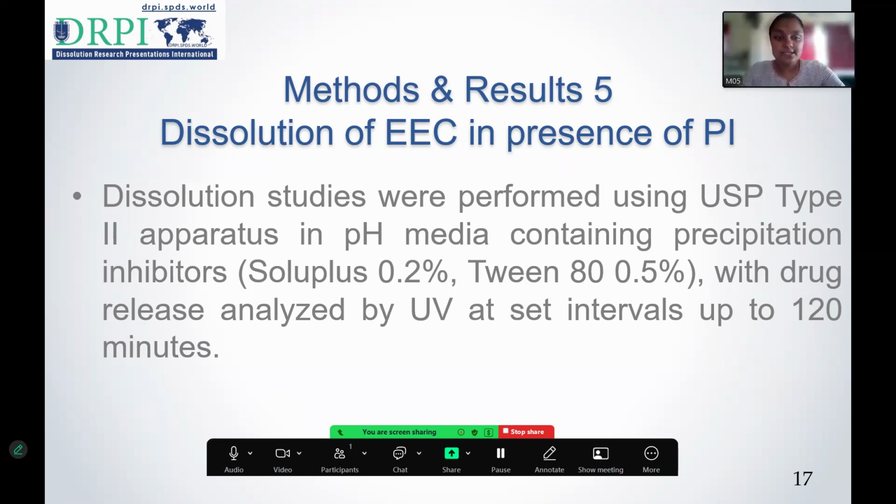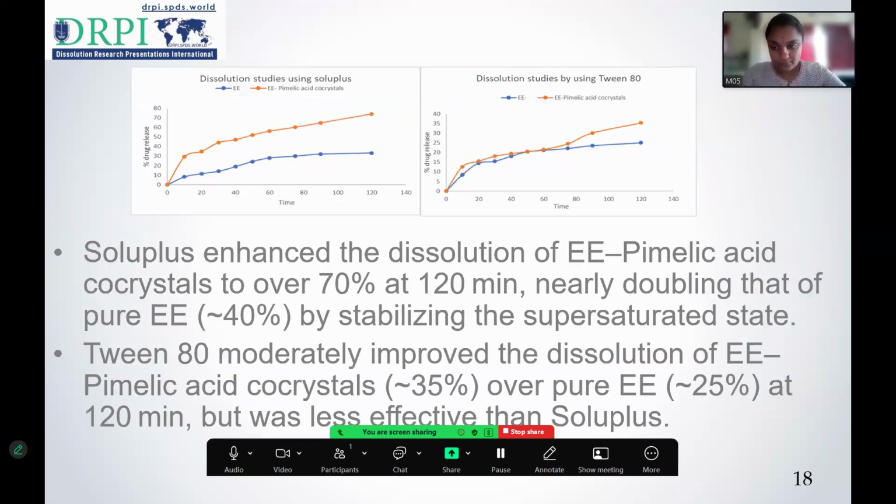Here, Soluplus and Tween 80 were added to the buffer media, and these samples were analyzed by using UV spectrophotometry. After addition of the precipitate inhibitors, it has been observed that Soluplus significantly enhanced the dissolution rate of the drug in the form of co-crystal compared to Tween 80. Here, Soluplus is more effective than Tween 80.